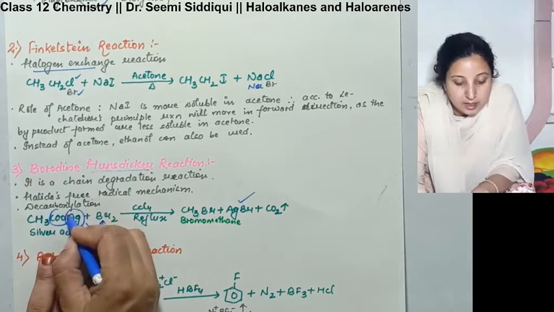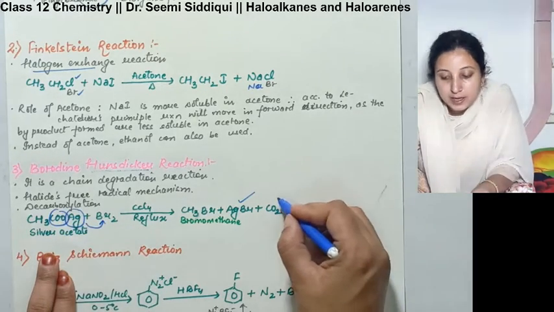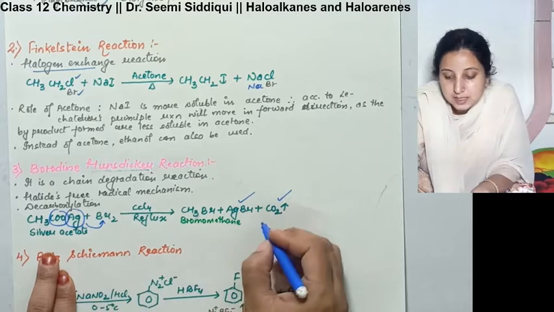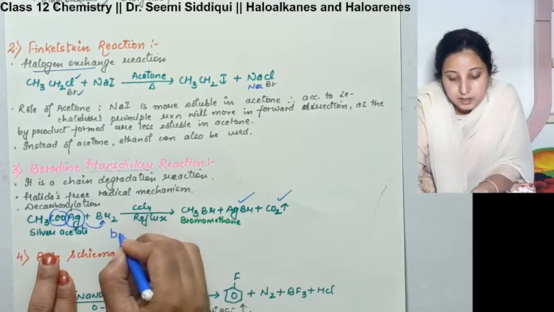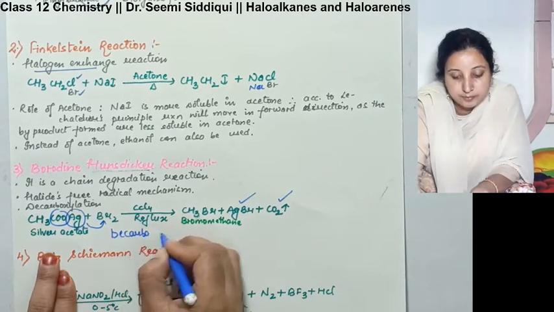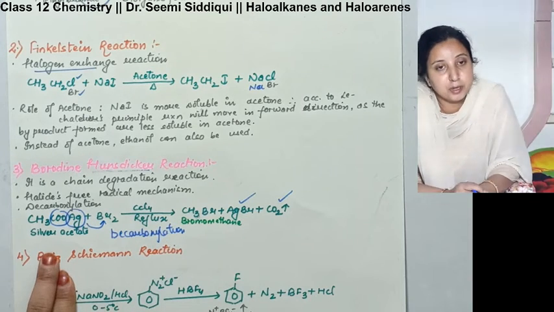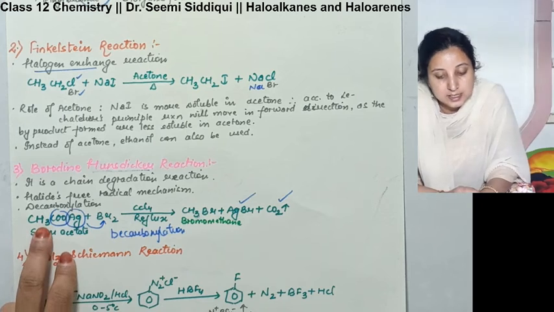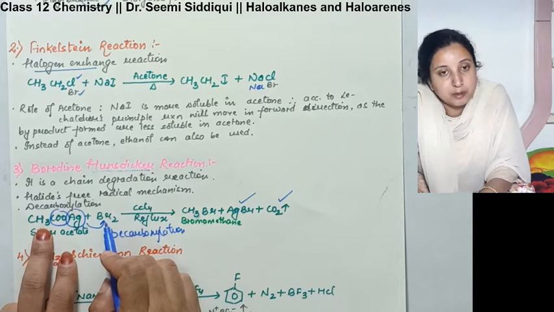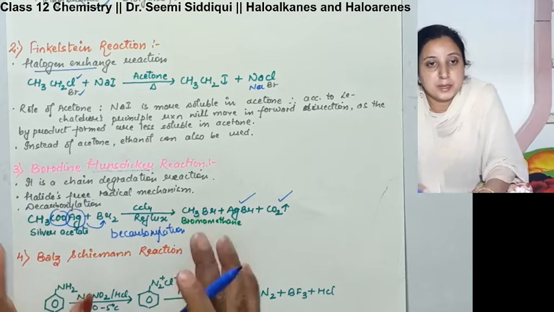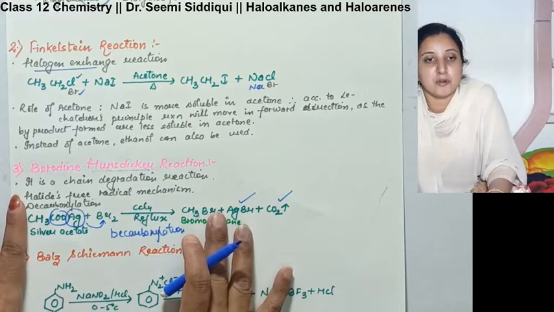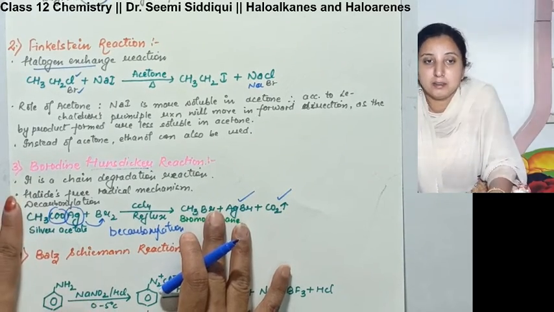This C double bond O, it eliminates as carbon dioxide, means यहाँ पे decarboxylation भी हो रहा है, and this CH3 gets attached with the remaining Br. Basically, this particular reaction follows a free radical mechanism.